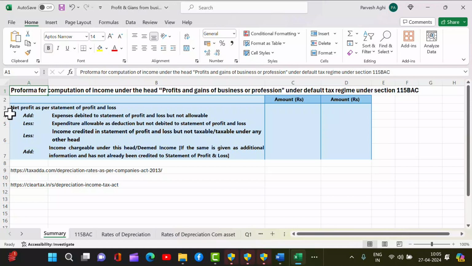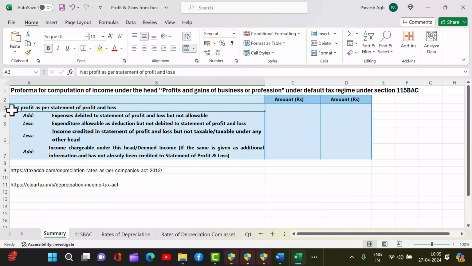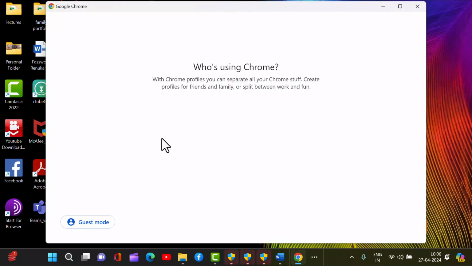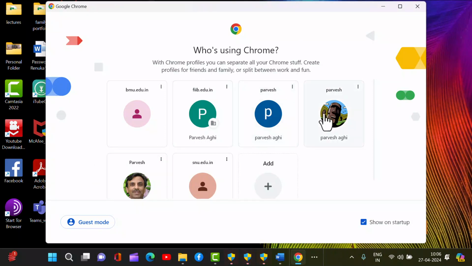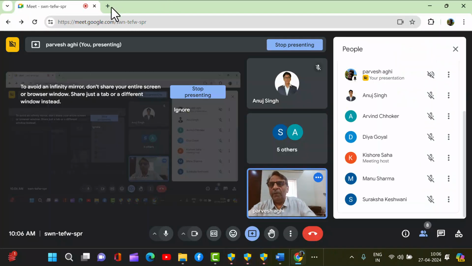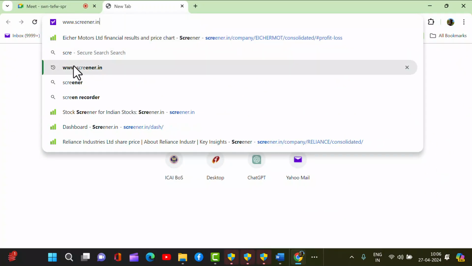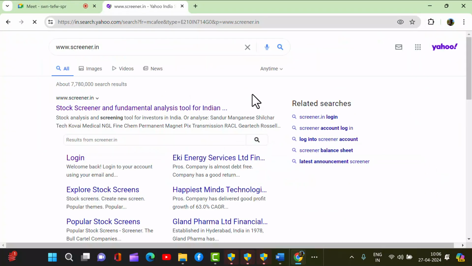We start with net profit as per the profit and loss account. A company prepares its profit and loss account. For example, let's go to Screener and pull out any company.